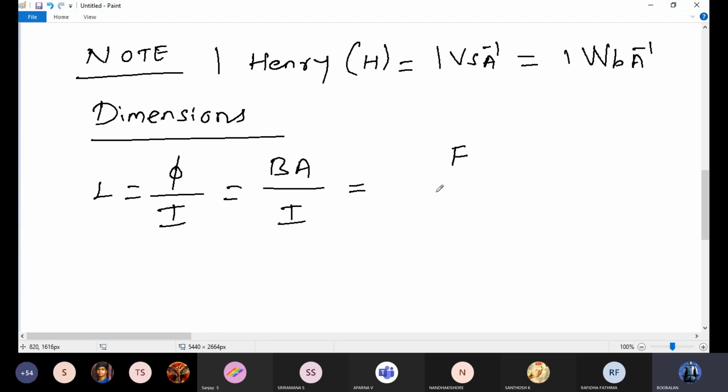Instead of B, I am rewriting from the Lorentz force formula, F equal to QvB sin theta. Okay, then B equal to F divided by Qv sin theta.